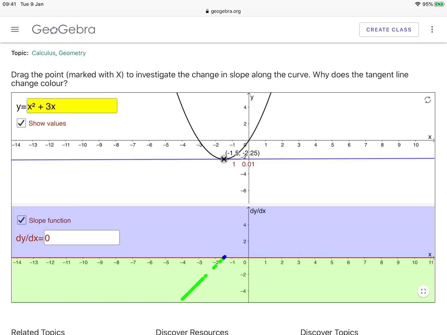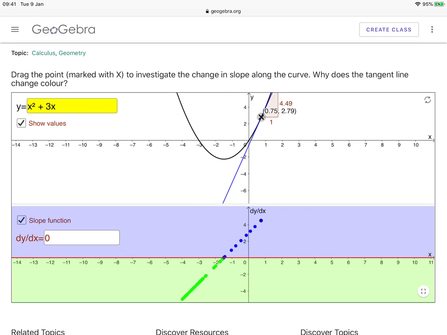That's why it crosses the x-axis on my second graph below, because that's where dy dx is 0. Then as I keep going up, the graph gets more and more positive. As I go this side of the turning point, dy dx is going to be above the x-axis because everything here is positive.